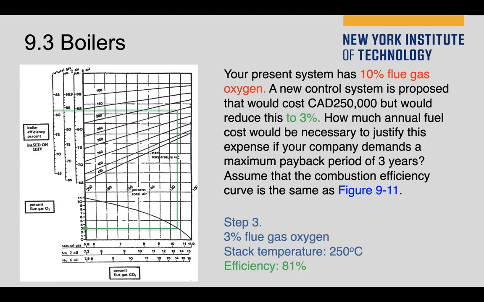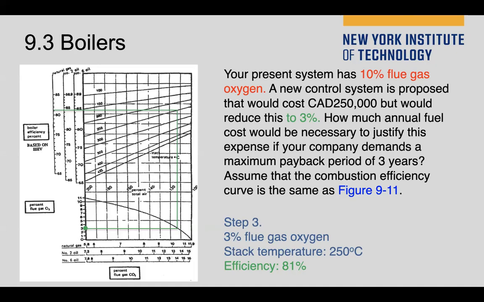But if we can have this maximum payback period of 3 years, that means after 3 years, the summation of every year's cash flow, the sum of these 3 years' gain, can cover this cost, 250,000. Then I can also go ahead.